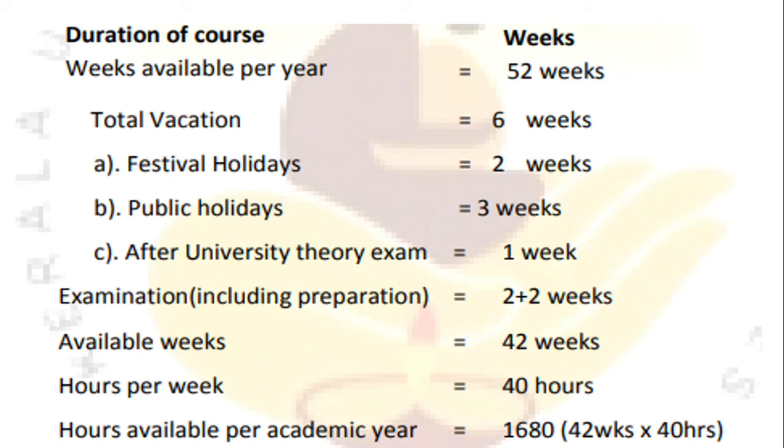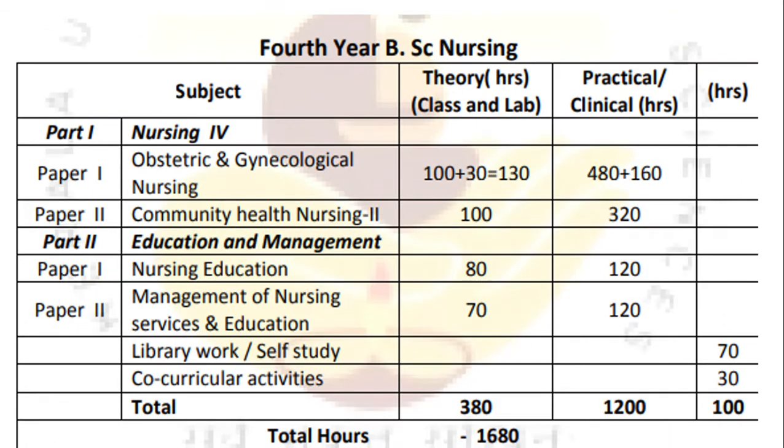For example, today we will see the 4th year BSc nursing. So prepare a mass rotation plan for 4th year BSc nursing and a clinical rotation plan for OBG nursing. In the 4th year BSc nursing we have 4 subjects. First one is obstetrics and gynecological nursing, community health nursing 2, nursing education, and management of nursing service.